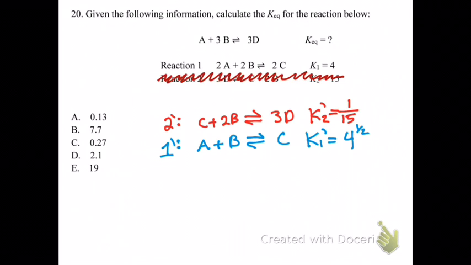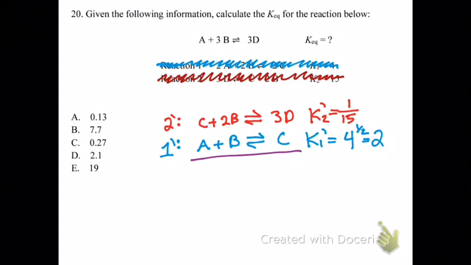Since I cut them in half, I'm taking it to the 1/2 power here. So the square root of 4 is equal to 2. And again, I'm going to cross this out because we have a new and improved reaction that will be of more use to us. So the final thing that we're going to do is, if we combine these together as they are, let's see if anything cancels out.